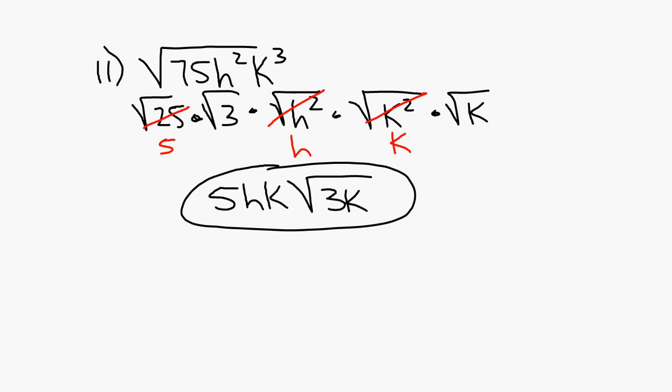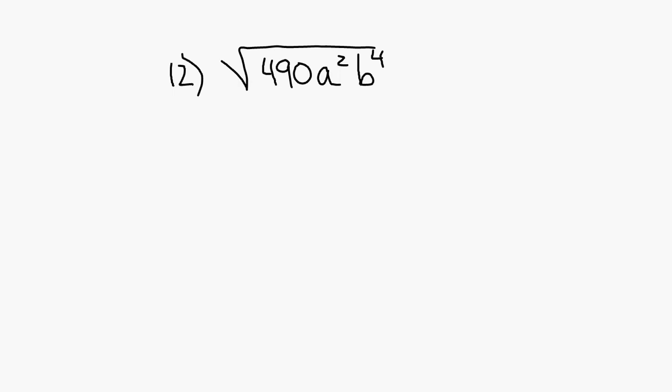Number 12. Square root of 490 a squared b to the fourth. The 490 will simplify to the square root of 49 times the square root of 10 times the square root of a squared times the square root of b to the fourth.